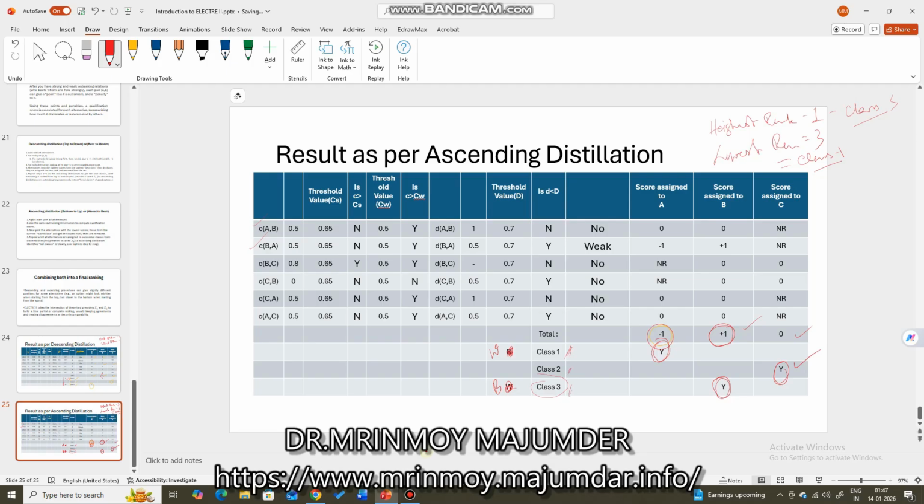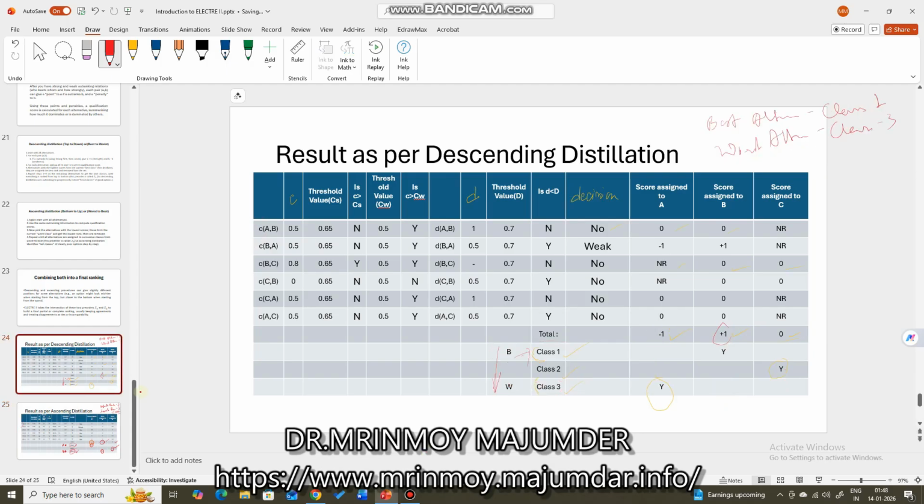So in case of ascending, the worst scored alternative is assigned the best class and the best scored alternative is assigned the worst class. But in case of descending distillation, the situation is just opposite. The best scored alternative is assigned the best class, and the worst scored alternative is assigned the worst class.